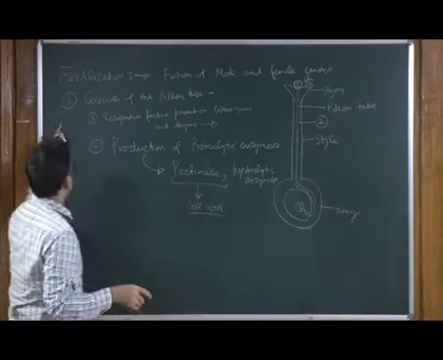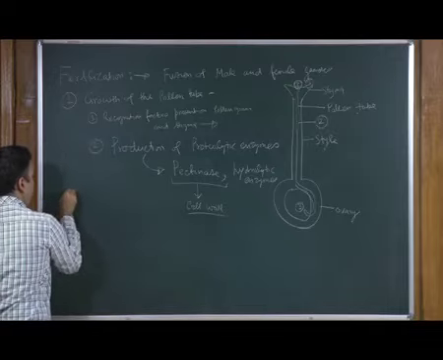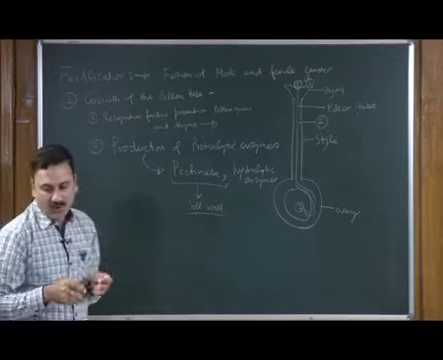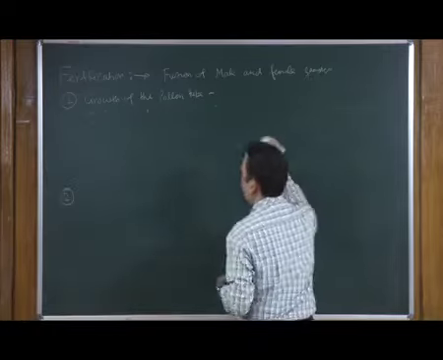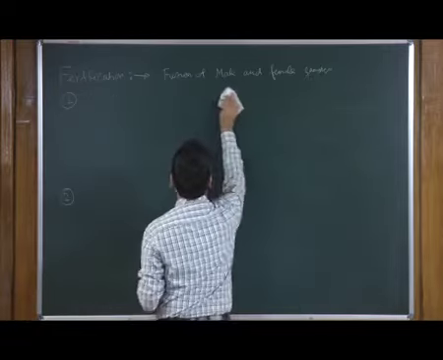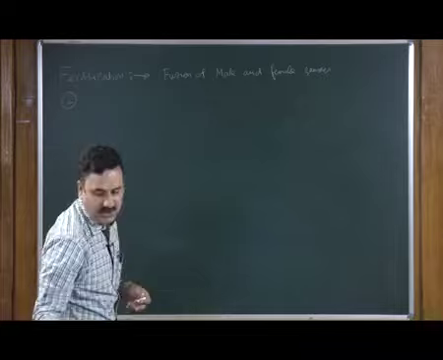Now, the second step is the entry of pollen tube into the ovary. So, the second step is the entry of pollen tube into the ovule.